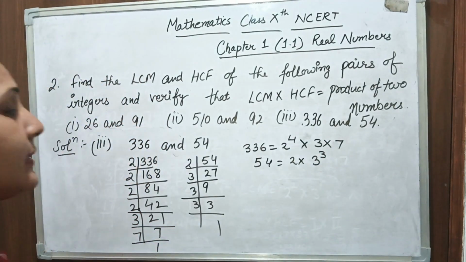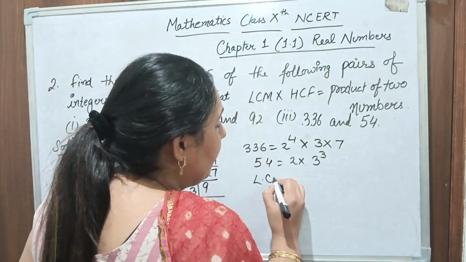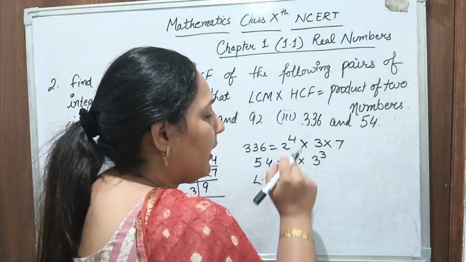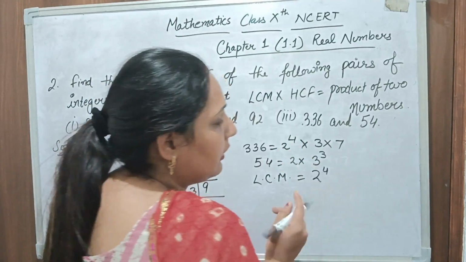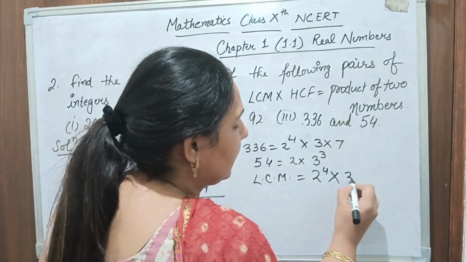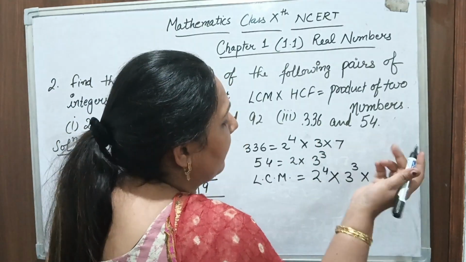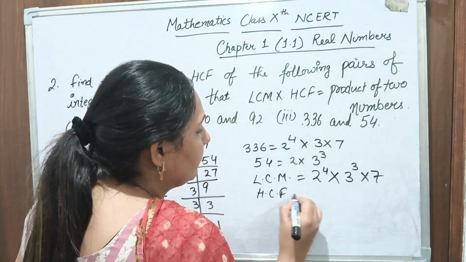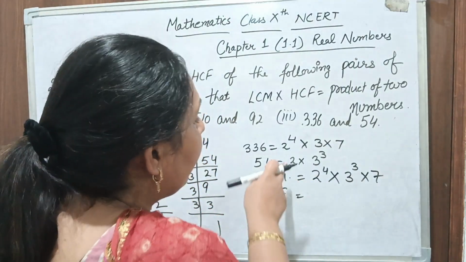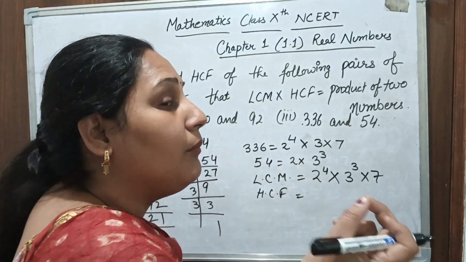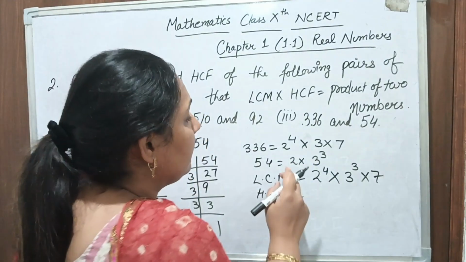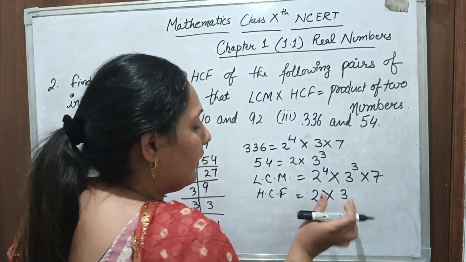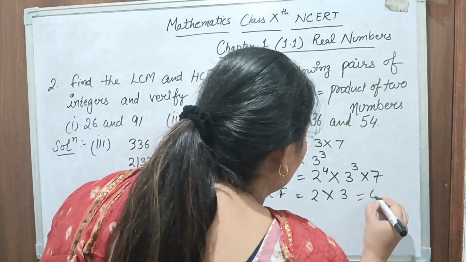So our LCM will be the maximum power of each number: 2's maximum power in both is 2 power 4, 3's maximum power is 3 raised to the power 3, and 7's maximum power is 7. And our HCF is the common number, with the minimum power. 2 raised to the power 1 and 3 raised to the power 1 are common, so that is 6.